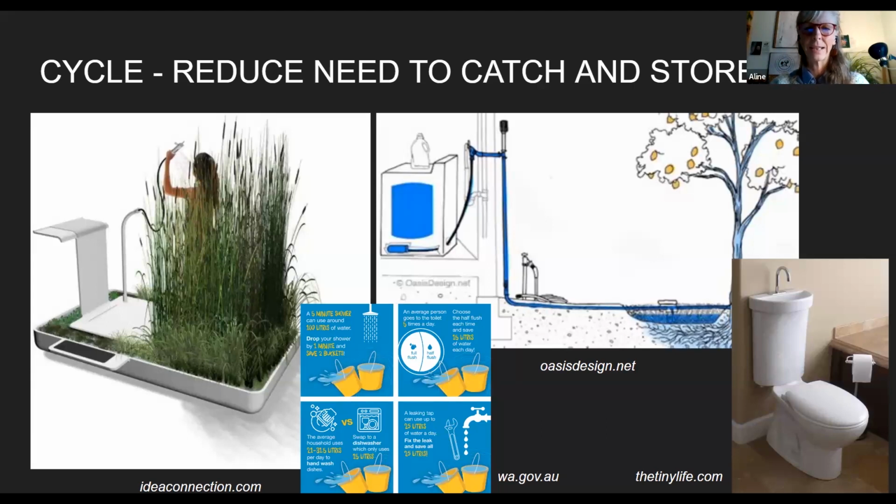Lucky we have these types of designs, like Art Ludwig from Oasis Design has shown us. You must definitely make sure your tap is not leaking, and you could put a bucket under your shower head whilst the water is getting hot as well. All this to save water within the home.